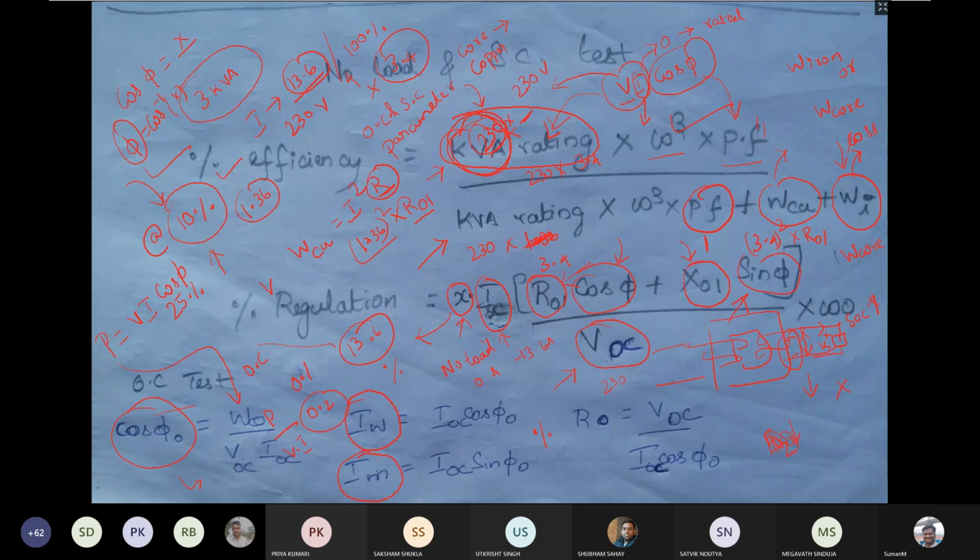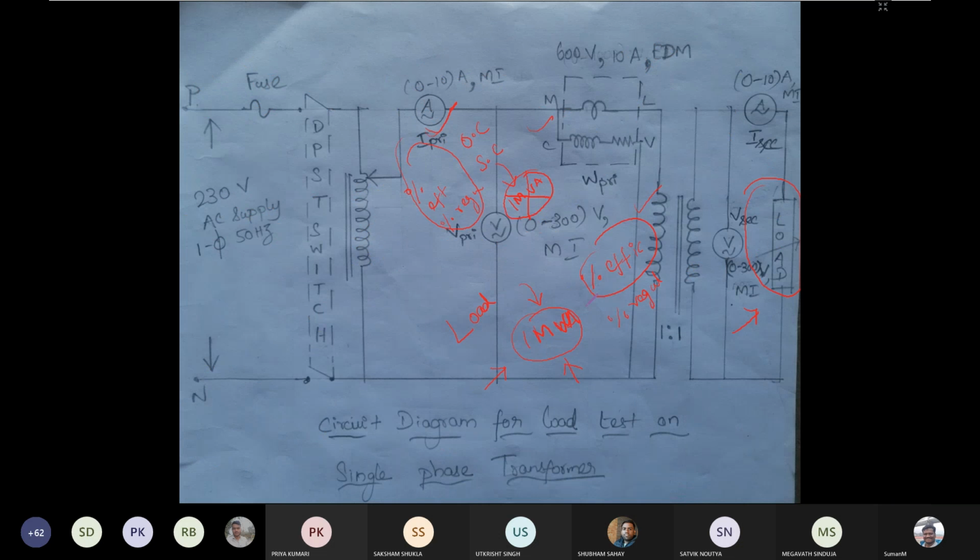Other than that, this is not going to give a very accurate value, because we have certain assumptions when we are making this approximate equivalent circuit. So we are not going to get the accurate efficiency or accurate voltage regulation using the open circuit test and short circuit test, because when we prepared this equivalent circuit, we made several assumptions.